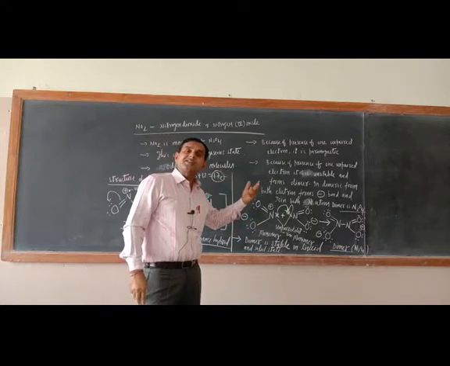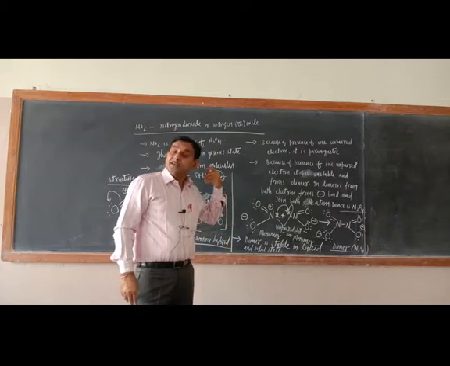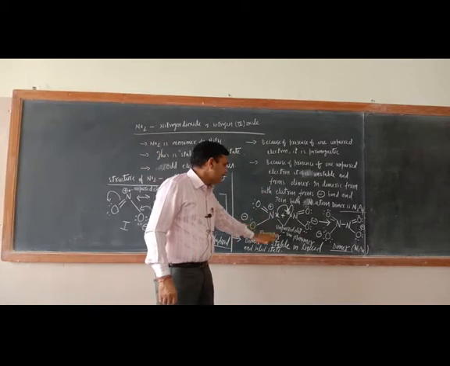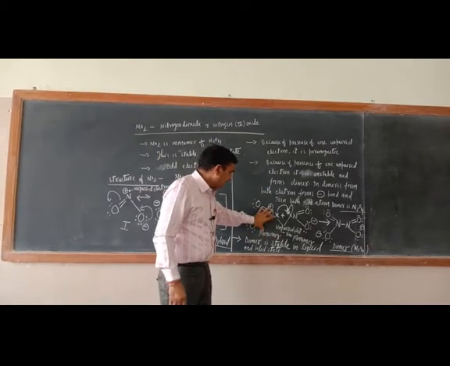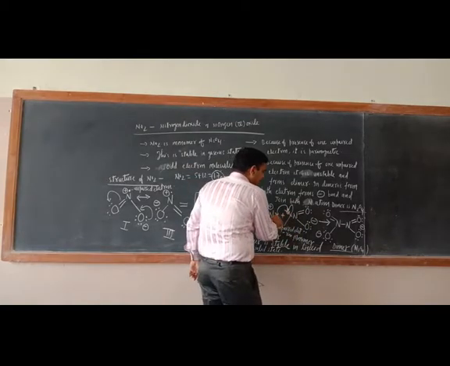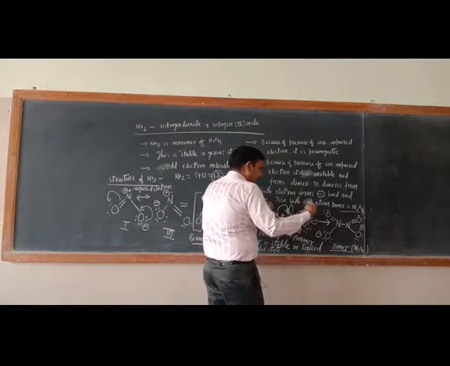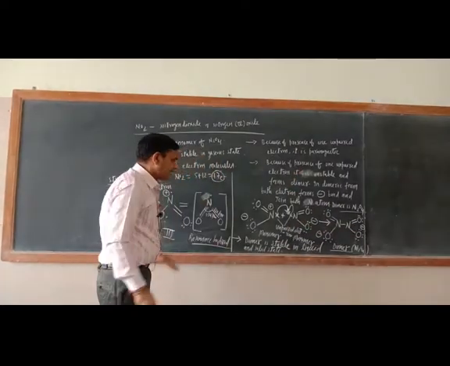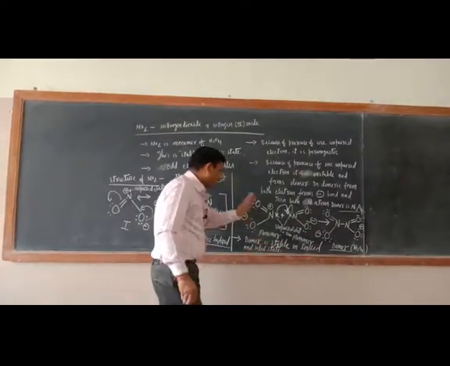So to get this stability, NO2 forms a dimer, that is N2O4. Here it is clearly mentioned. This is also a monomeric form, this is also a monomeric form. Because of the presence of these unpaired electrons, they combine together and form this one. In this way, the dimer is stable in liquid and solid state.